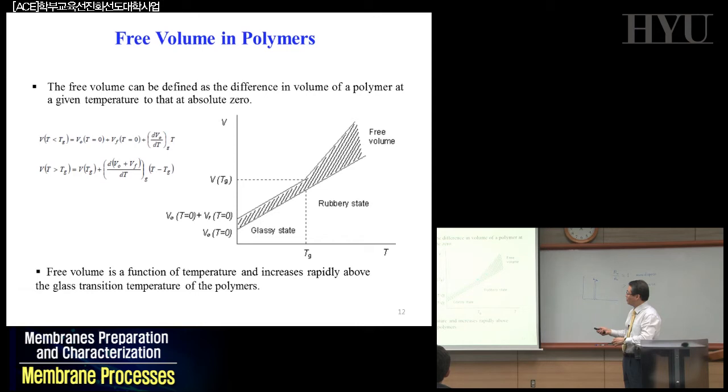And this is the point that I have defined as a point where the amorphous portion will be melting, but not melting, but moving. So that's why you have the increase in free volumes above the glass transition temperatures.